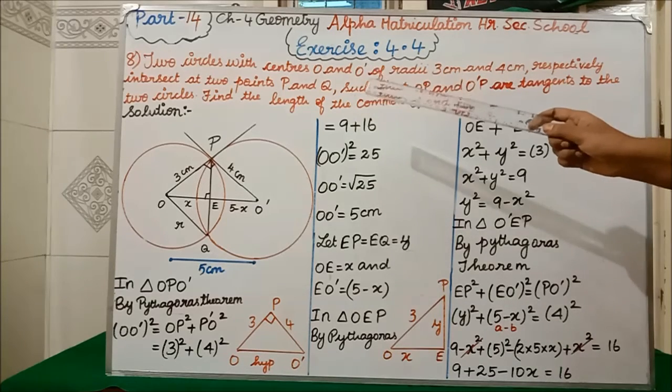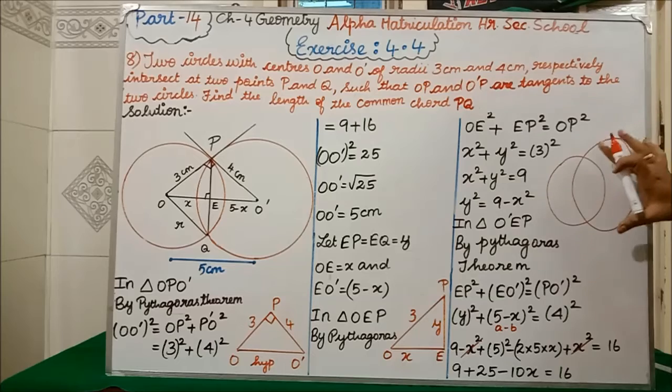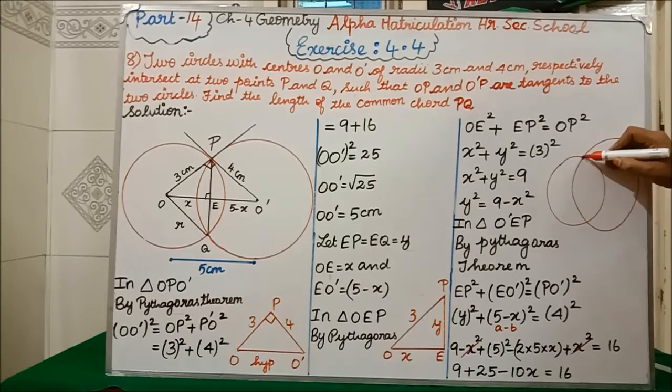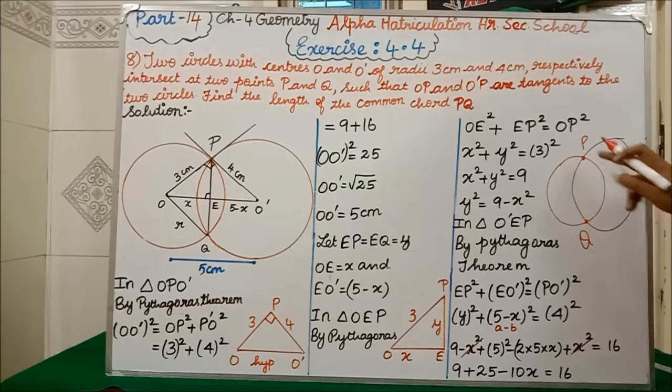Intersect at 2 points P and Q. How you have to draw the two circles: see, this is the first circle, 3 centimeter radius. Now this is the second circle. These two circles should intersect at 2 points. Here it is intersecting, the first point we will take as P. Here the intersecting point we will take as Q. See, the two circles intersect at 2 points, isn't it?